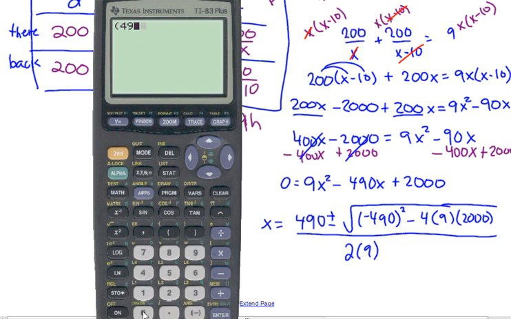So 490 plus, I'm not going to have the minus version, square root of negative 490 squared minus 4 times 9 times 2,000, square root, divided by 18. There's my answer.